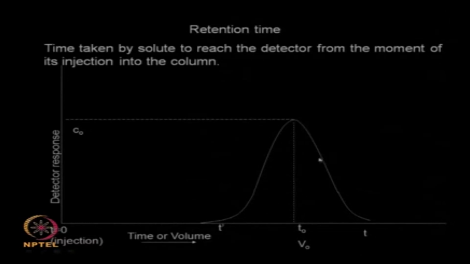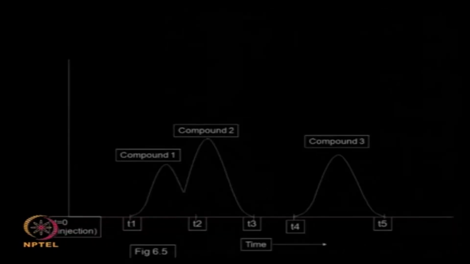Generally we assume this to be a uniformly distributed normal Gaussian curve, but in reality it does not happen. You may have a slightly distorted curve, you may have a long start, or you may have a long tail, but generally we assume it to be a normal Gaussian uniform distribution.